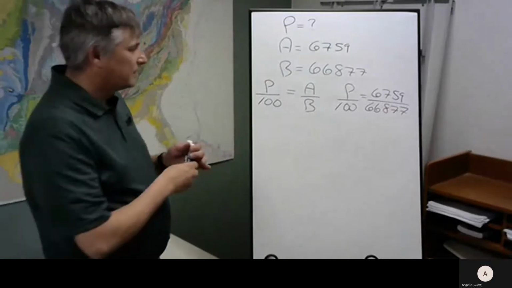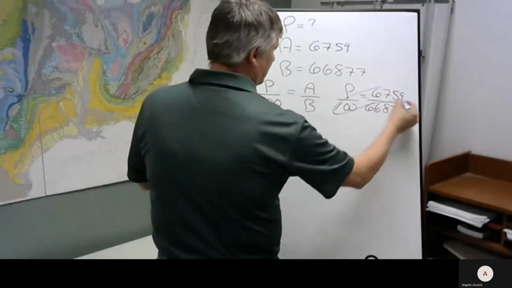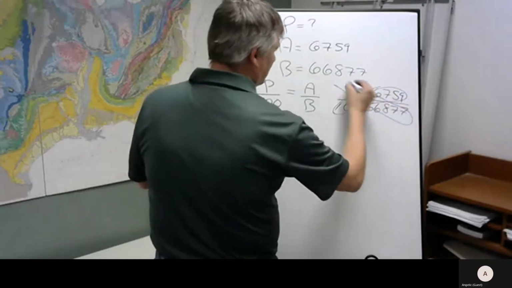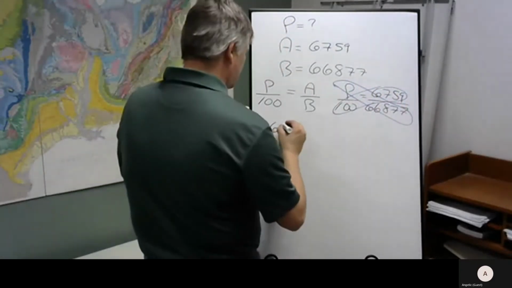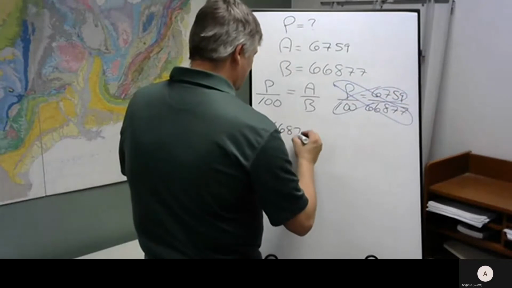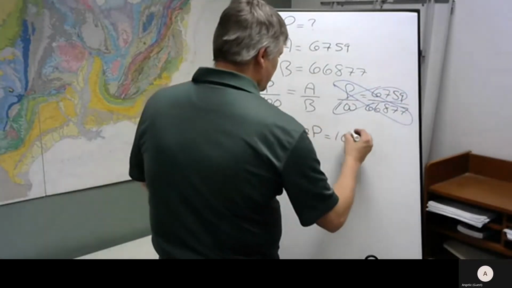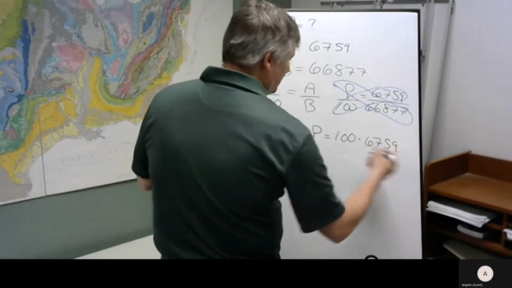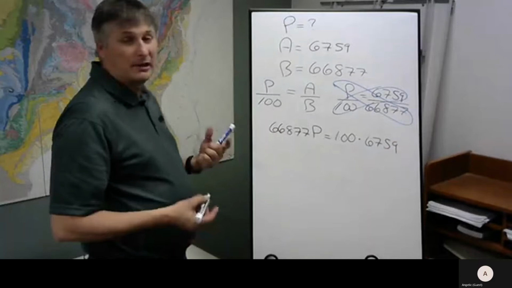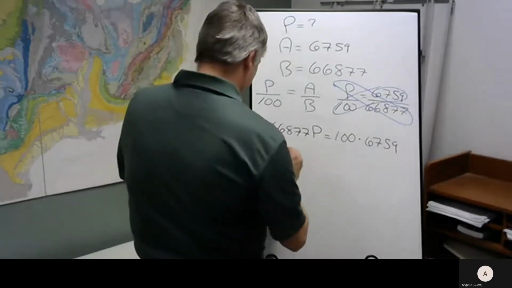Now again, we're going to cross multiply. So 66,877p will be, and I'll put the multiplication in here. Won't skip that step. But what you're going to do is just tack on a couple extra zeros, the 6,759.